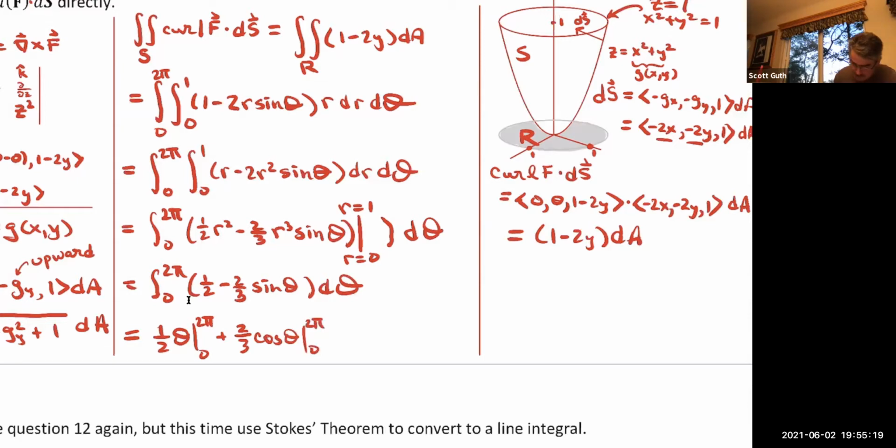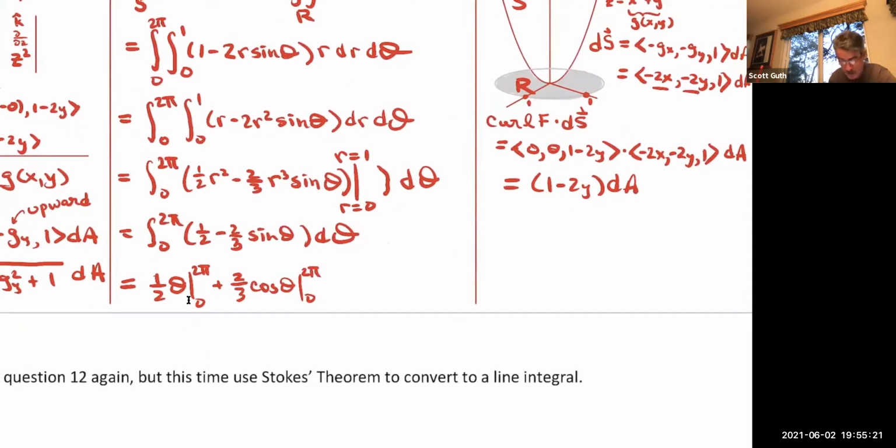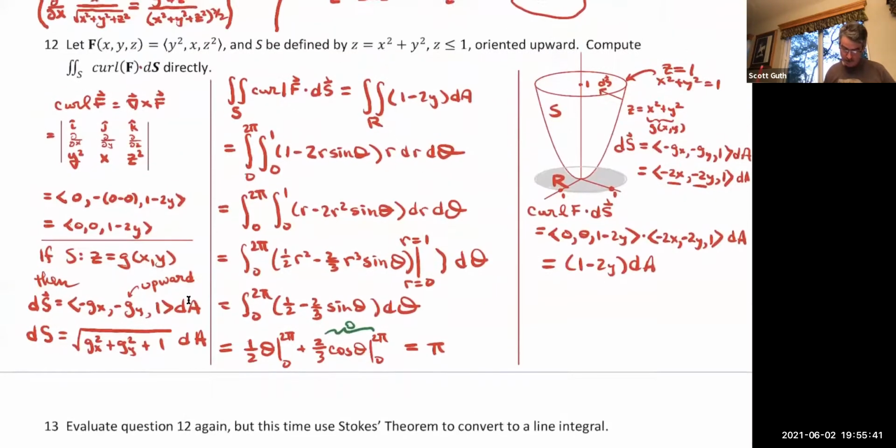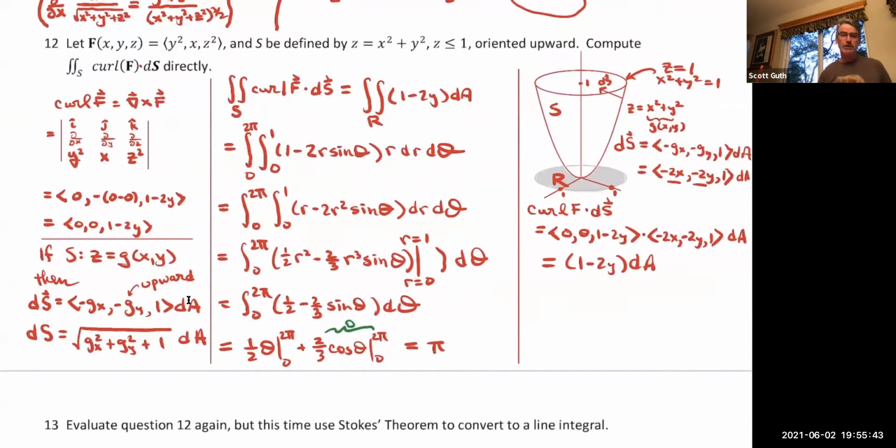But cosine of 2 pi is the same as cosine 0, so this second part is going to be 0. So in the end, you just get pi out of this. I'll pause there and wait for questions.